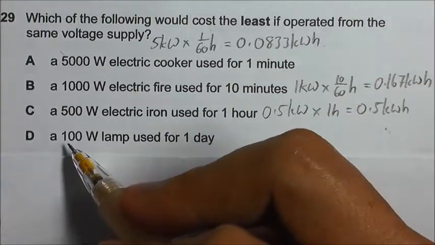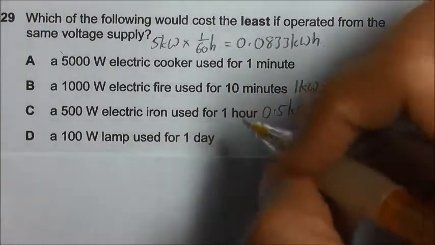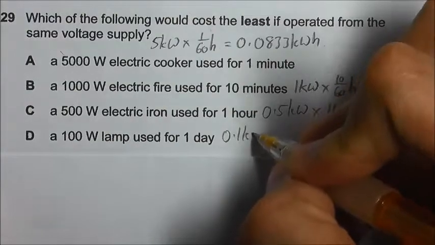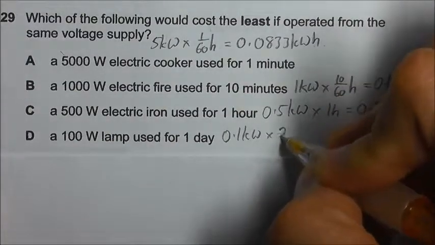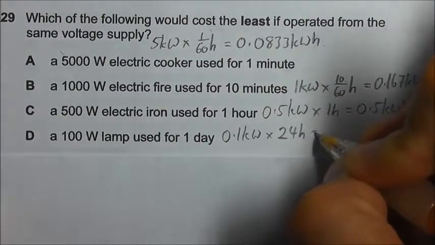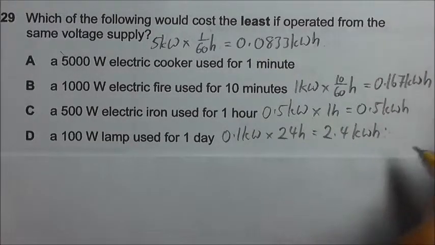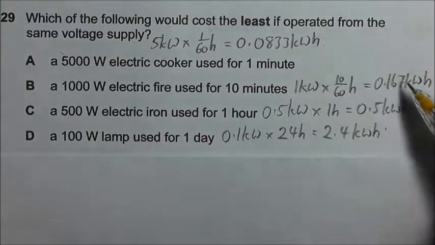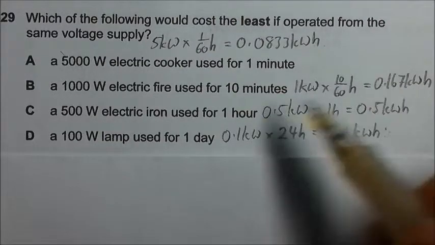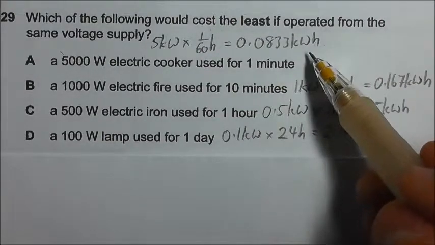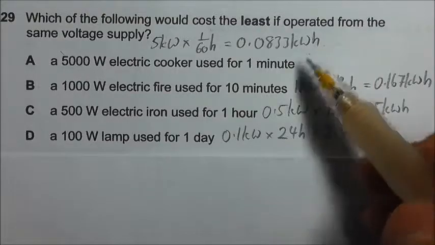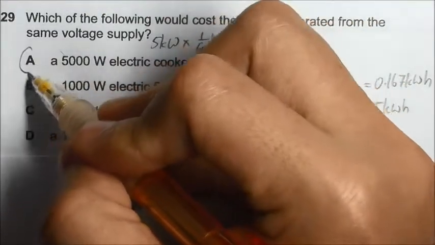And 100 watt, it will be 0.1 kilowatt multiplied by 24 hours in a day. We will have 2.4 kilowatt hour. So if we look through the calculations, we know that option A uses the least energy. So the answer should be A.